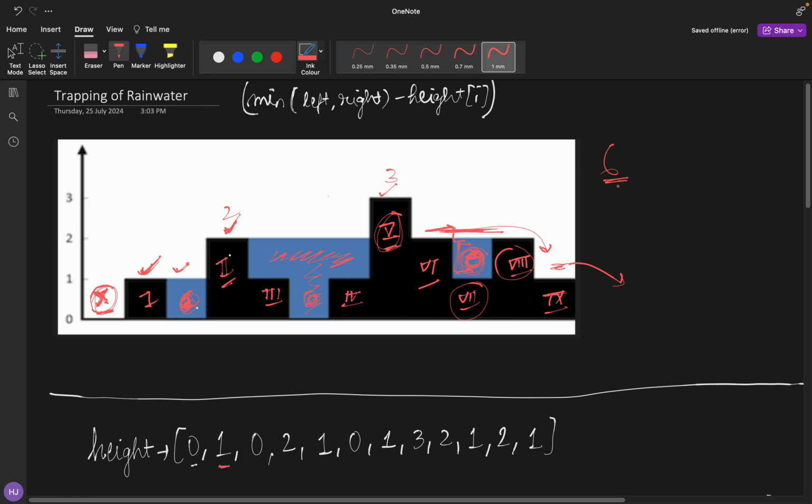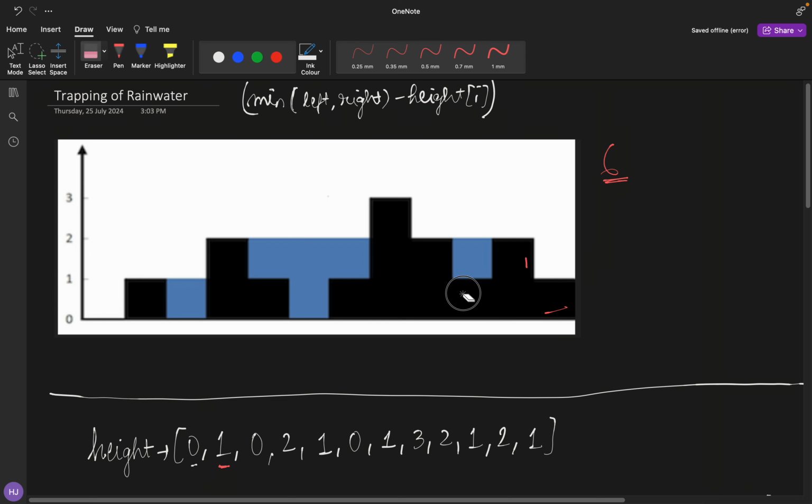While looking at this graph, what we are seeing is that we can store water at those places where there exists a difference of height. There must exist some maximum on the left and some maximum on the right, and we can store the water in the slot where there is a difference.